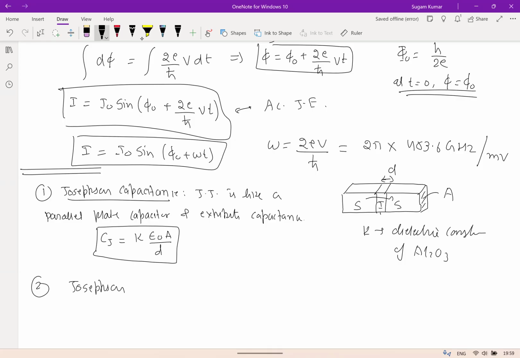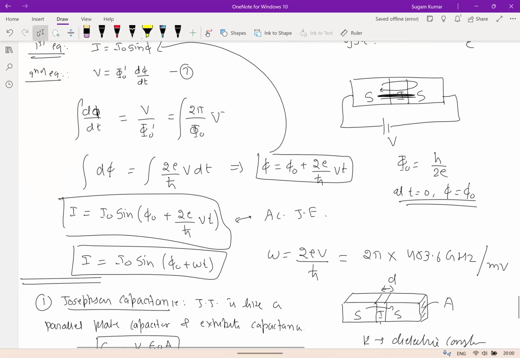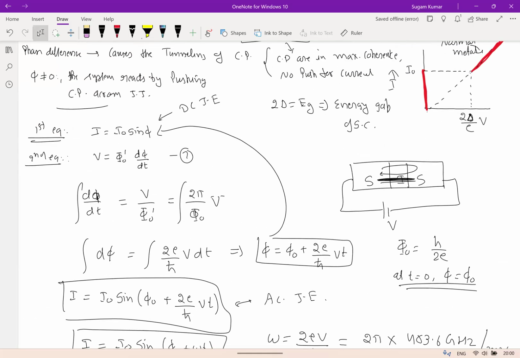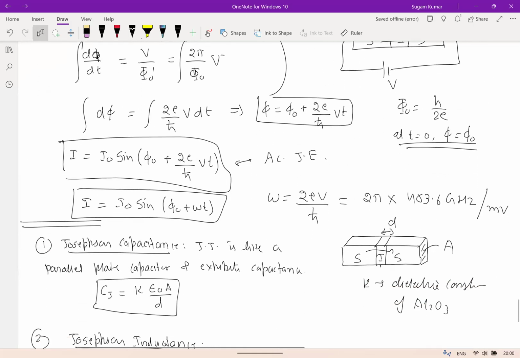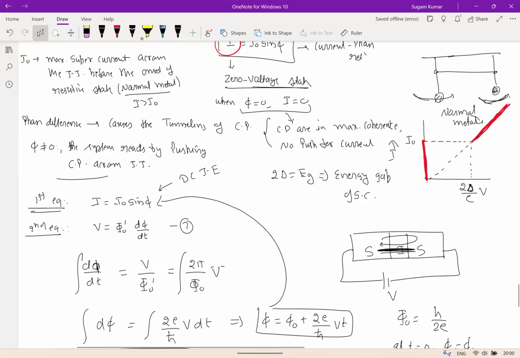So, Josephson inductance. Capacitance is very simple to understand. To understand the inductance, let me explain something. If you look at the Josephson relations, equation number 1 and equation number 2, and look at the phase, when the phase is changing, the change in phase is going to cause a change in the current.